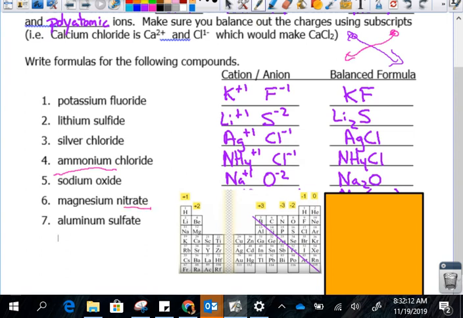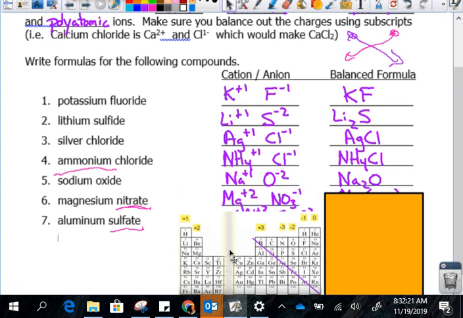Nitrate. And then after that is sulfate. These two are both polyatomic ions. Magnesium's a +2, nitrate's a -1. That means nitrate only takes 1 electron, but magnesium gives off 2.